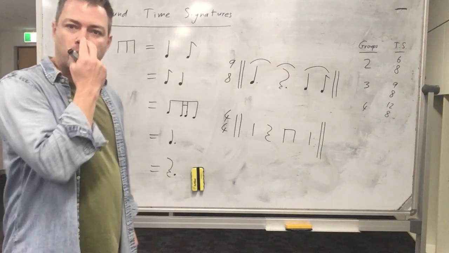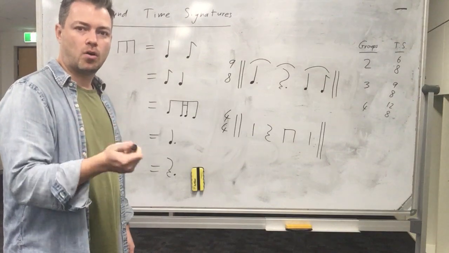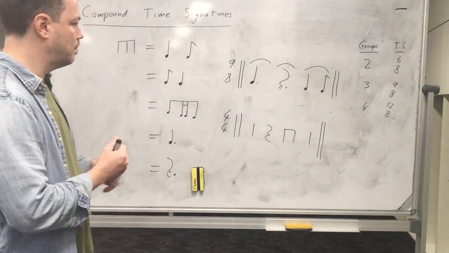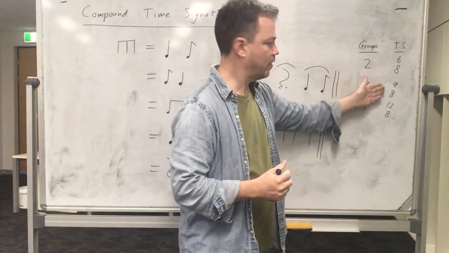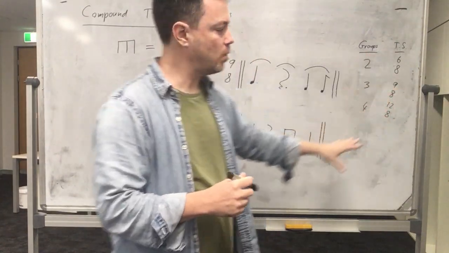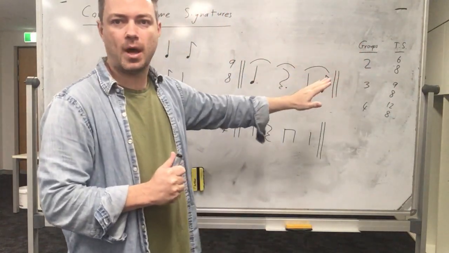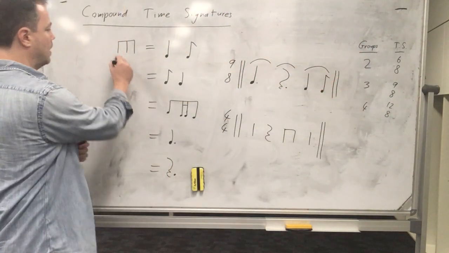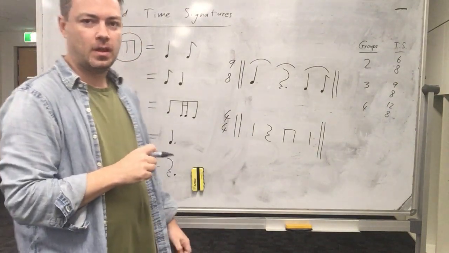My number 1 point was for identifying a compound time signature, which is your 6/8, 9/8 and 12/8. There are others, but they're the main ones we're going to talk about. To identify those, the dead giveaway is this thing here: finding a group of 3 quavers.